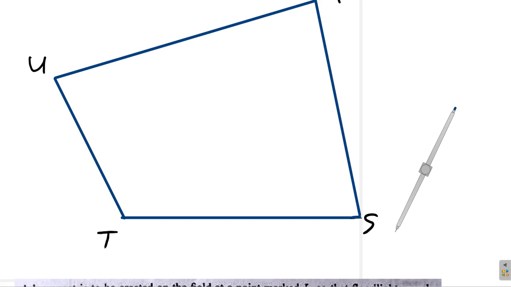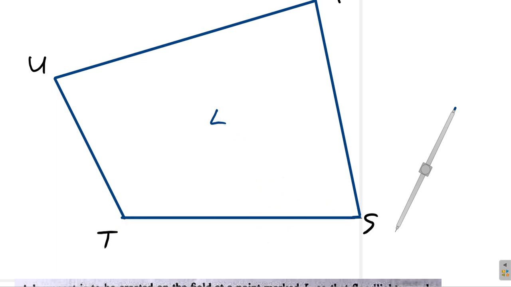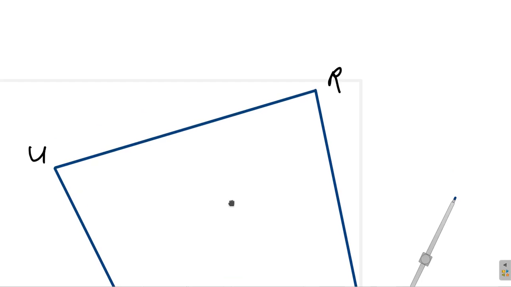So wherever L is, the angle LST must be 30 degrees, alright? So let's see how that will work out. We need a perpendicular bisector of UR.